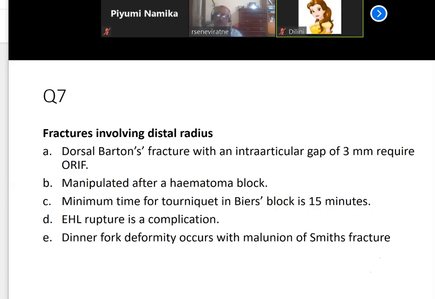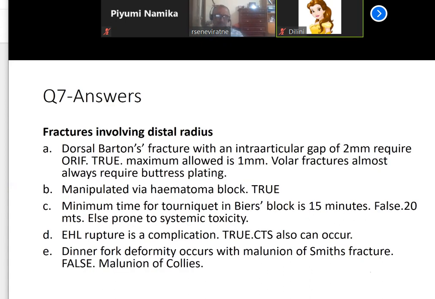And also another complication is carpal tunnel syndrome. Dinner fork deformity occurs with malunion of Smith's fracture. False. How do you get dinner fork deformity? Malunion of Colles fracture. Yeah, very good.